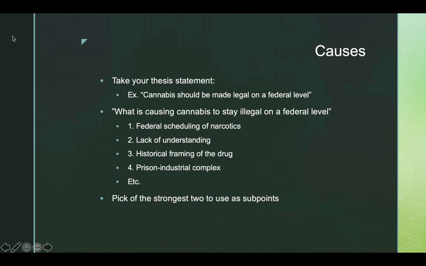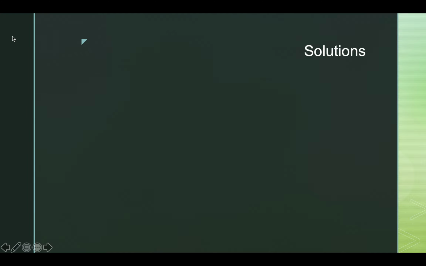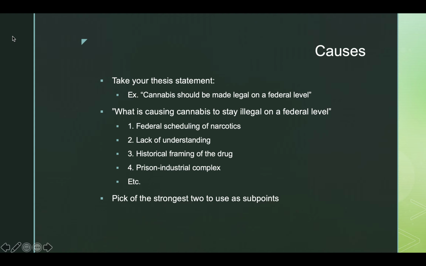And finally, the last main point 3, is solutions. So this is where you give us ways that we can change this. Now your solution should attempt to address the causes you have chosen. So if we go back and we looked at the causes, whatever causes we choose, like say for this topic, our solutions should address that.